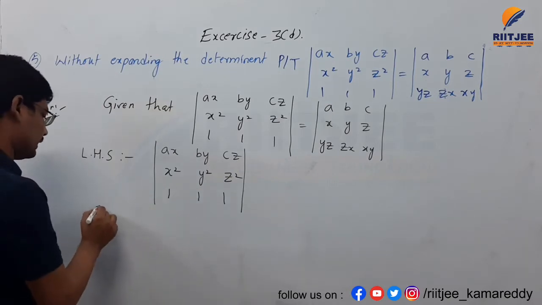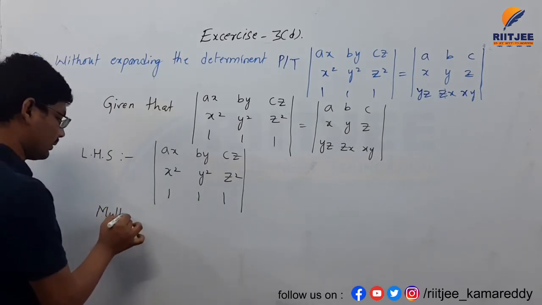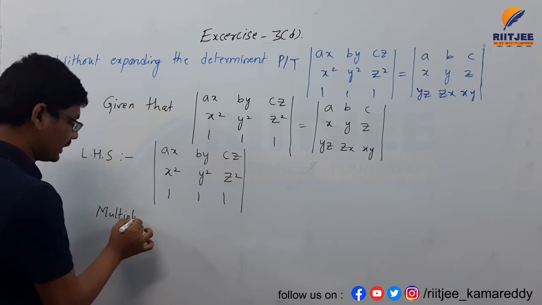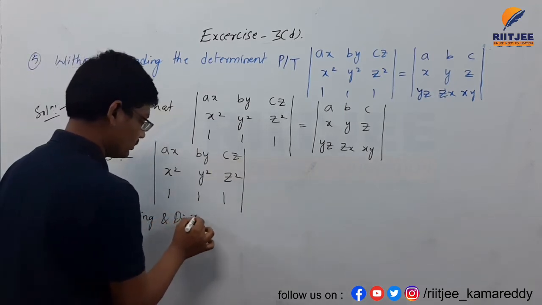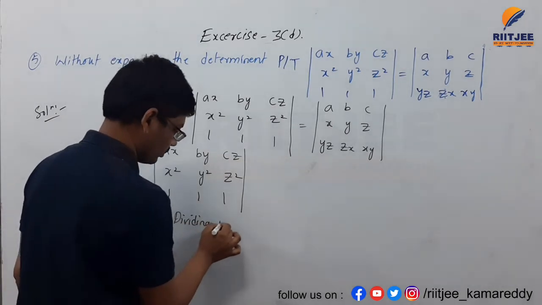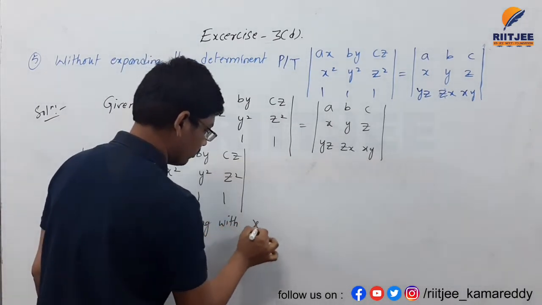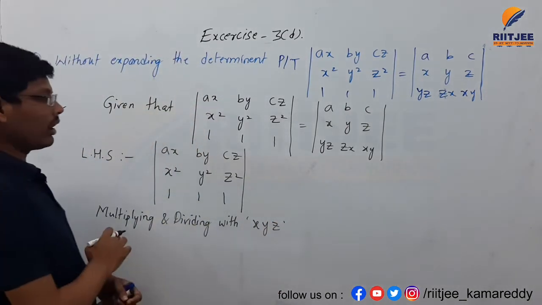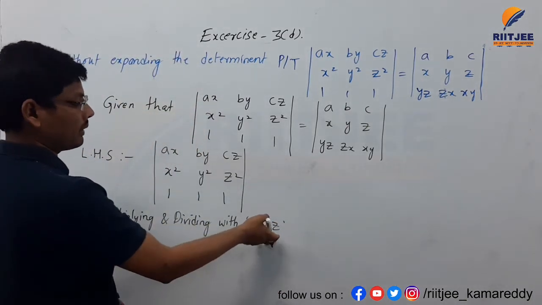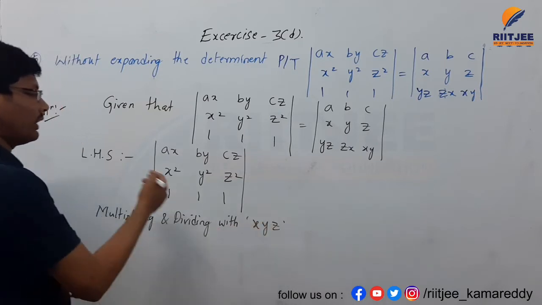I am multiplying in the same way as the previous problem, multiplying and dividing with xyz. The resultant will not change when multiplying and dividing any term of a determinant.